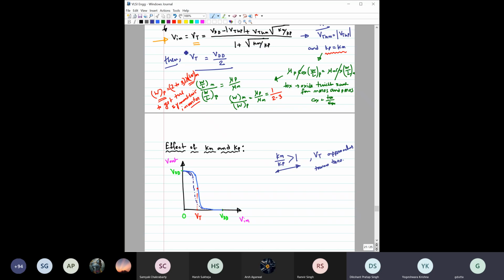Similarly, on the other hand, if you make Kp by Kn less than 1, then Vt approaches towards VDD, right? So it will shift to this side.